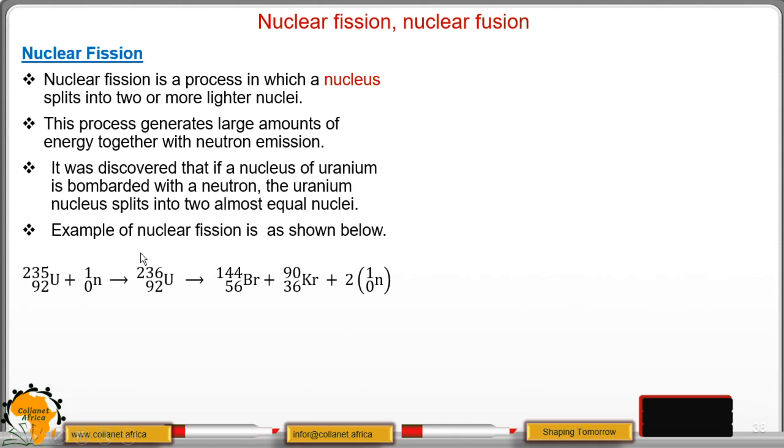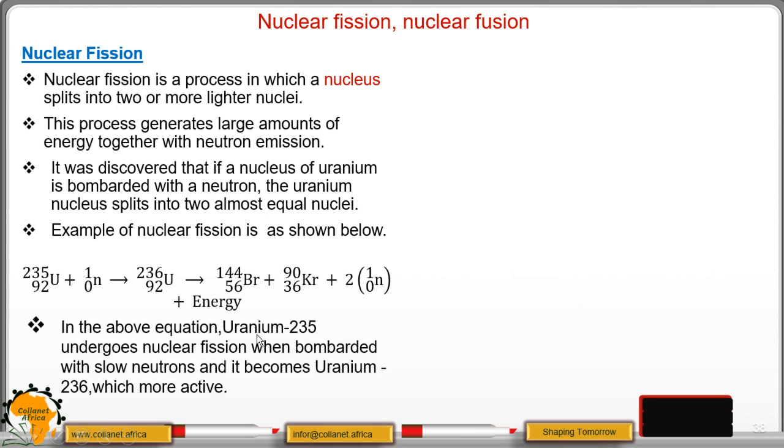This one is a radioactive substance. Then it will disintegrate to give us barium and krypton. And in that process, there is emission of 2 neutrons and energy. So in the process of nuclear fission, we have the generation of energy and the emission of neutrons.